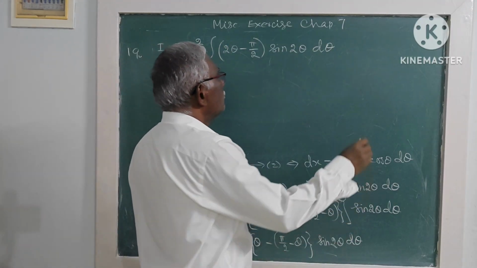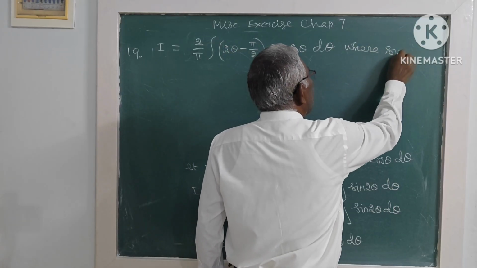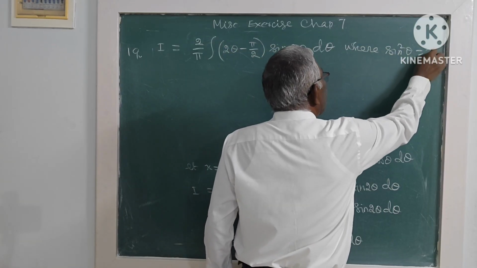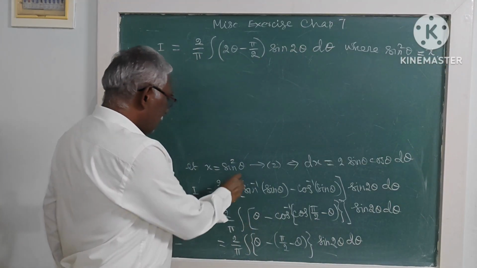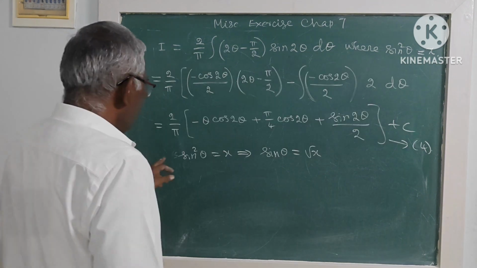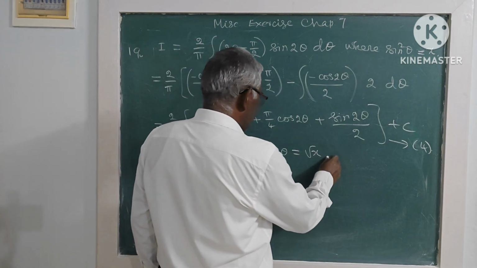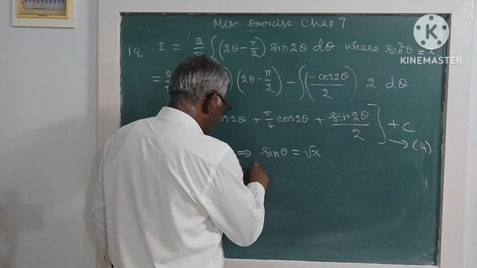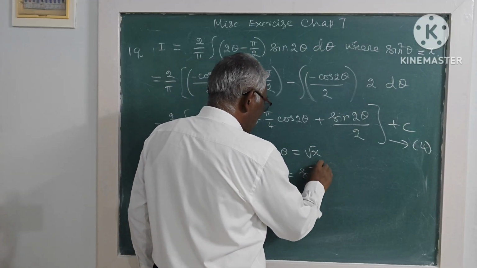where sin square theta is x. Sin square theta is x, sin theta is root x. So this gives theta is equal to sin inverse root x.